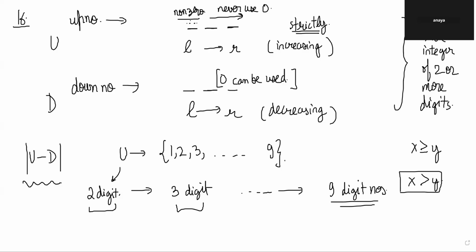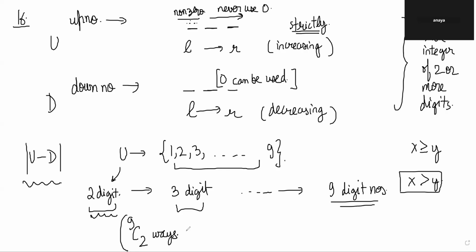Now think about how you would construct a two-digit up number. First of all, you would select any two digits from these. That can be done in 9C2 ways.